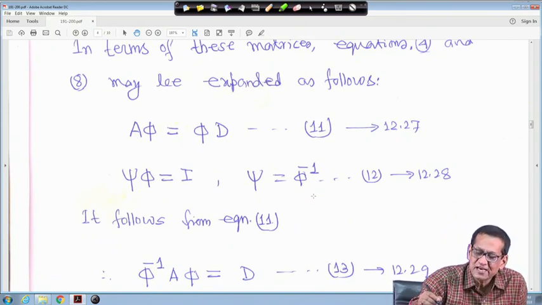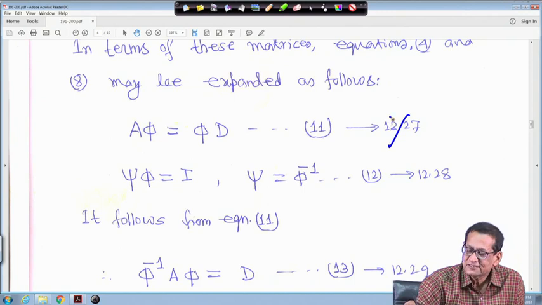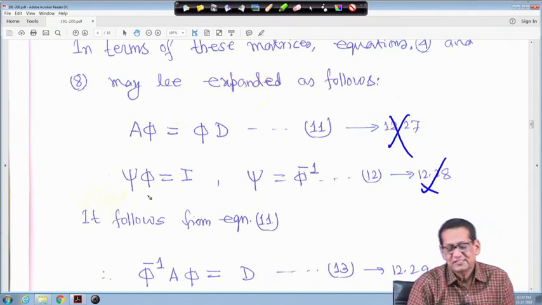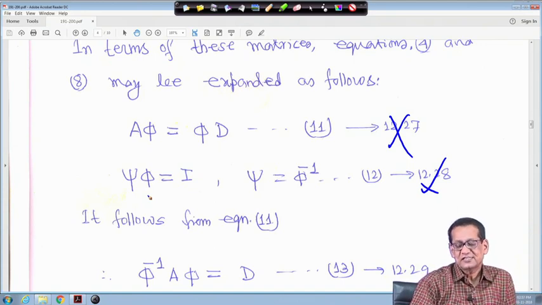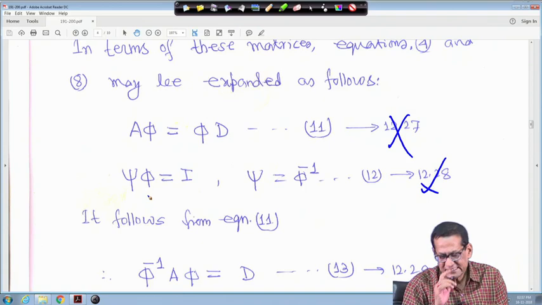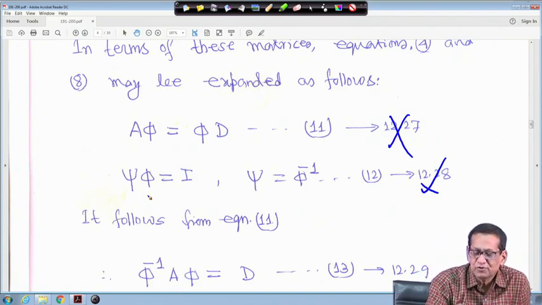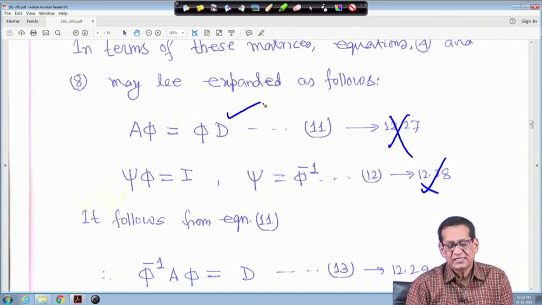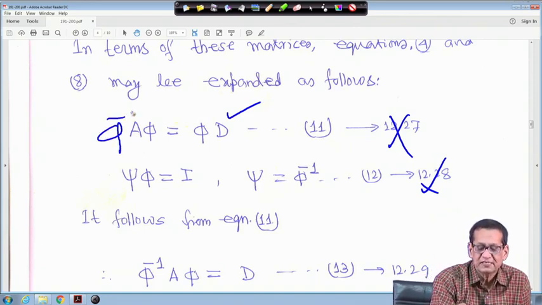And we have seen psi i phi i is equal to 1. So psi phi is equal to the identity matrix, or psi is equal to phi inverse. Now, multiply both sides of this equation by phi inverse.